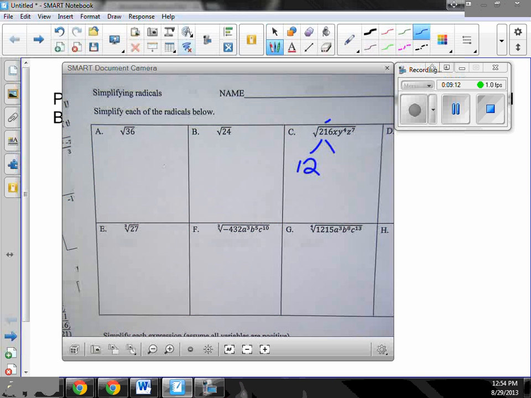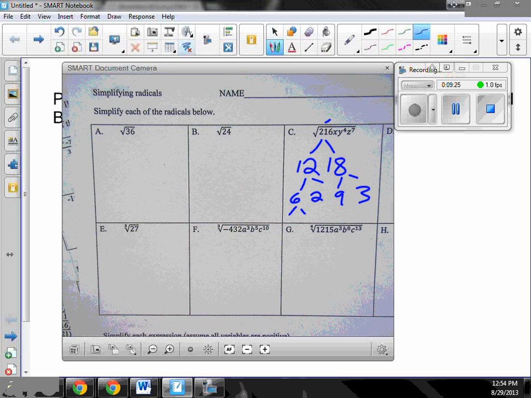12 and, help me out somebody. 12 and 18. So 6 and 2, 9 and 3, 2 and 3, 3 and 3. And I'm looking for pairs. Do I have any pairs?